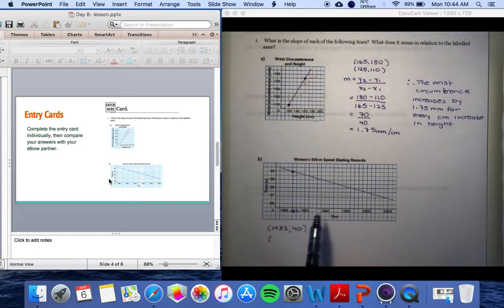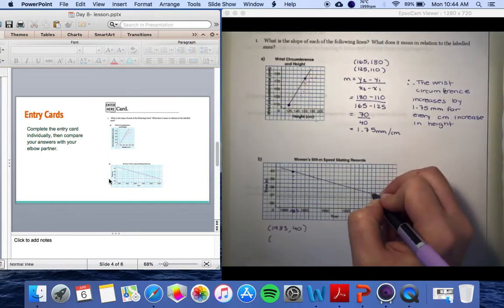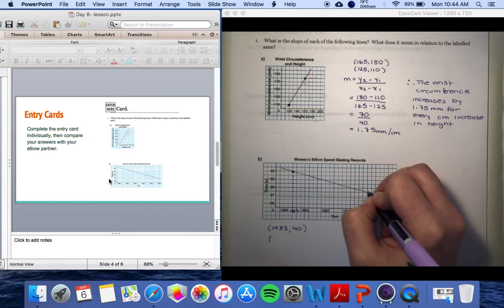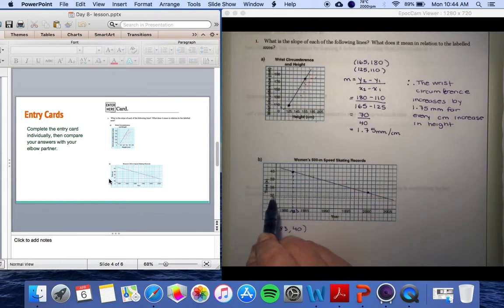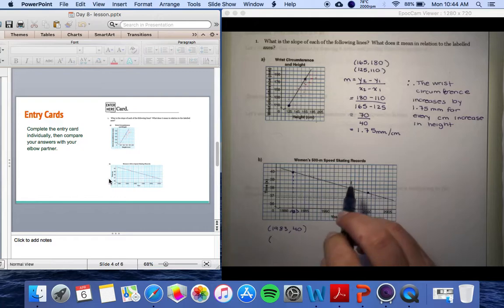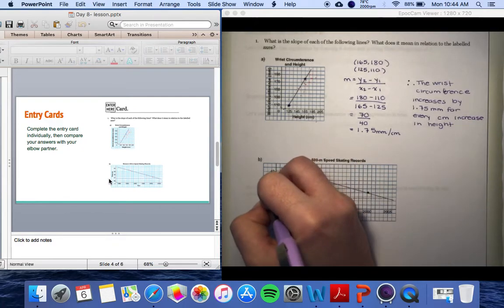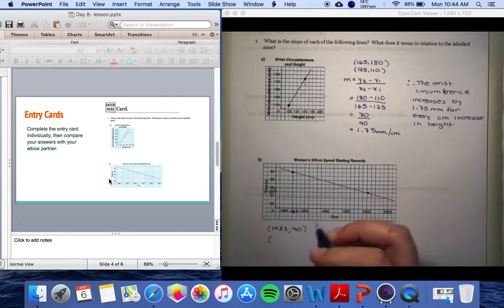And another point that I can easily identify is directly at 2030. Oops, I can't see. 2037.5.